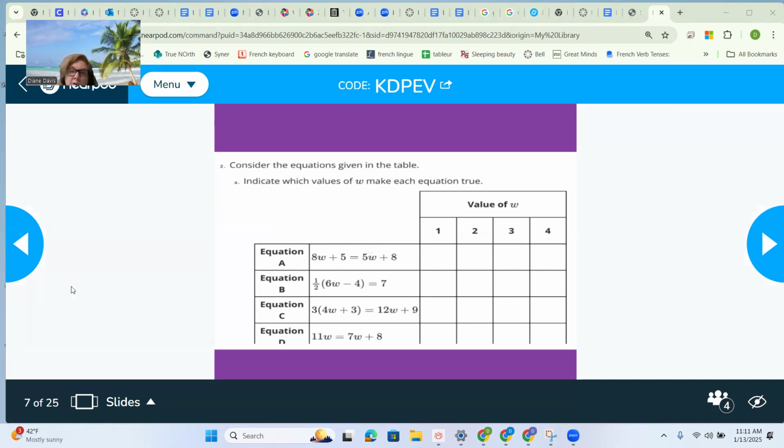If I substitute 4 for W, I get 32 plus 5 is 37. If I substitute 4 here, that's 20 plus 8, that's 28. So no, the only solution that makes equation A true is if W is 1. The only solution of those given there.